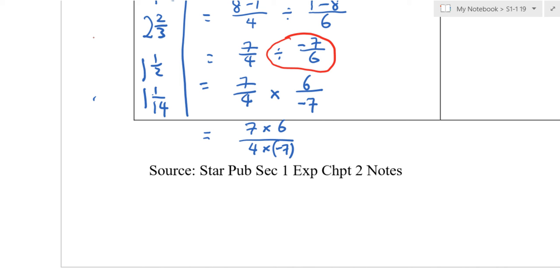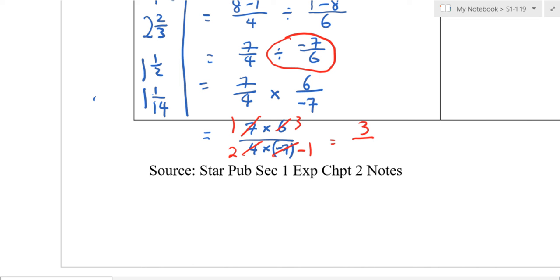7 and 7 divided by what? 7. 7 divided by 7 gives you what? 1. Can you help me? This is 1. Negative 7 divided by 7? Negative 1. What about 6 and 4? Both can divide by a number. 2. So divide 6 by 2, 3. Divide 4 by 2, 2.